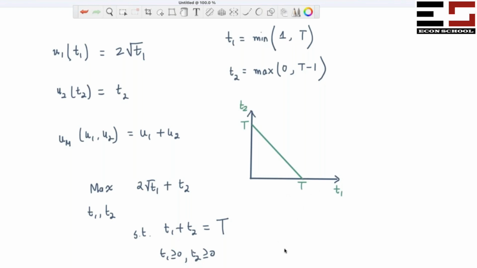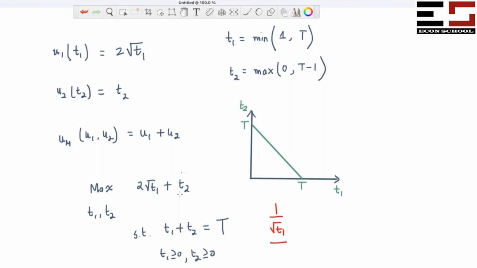The reason is, let's figure out the slope of the indifference curve of the mother. So what is the derivative of the utility with respect to T1? One upon root T1, right?